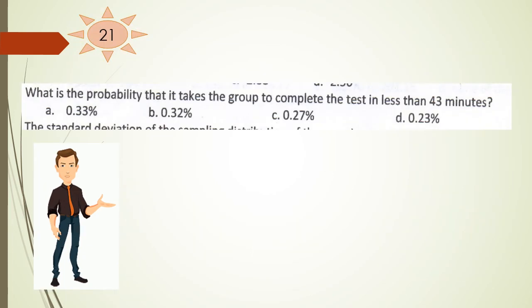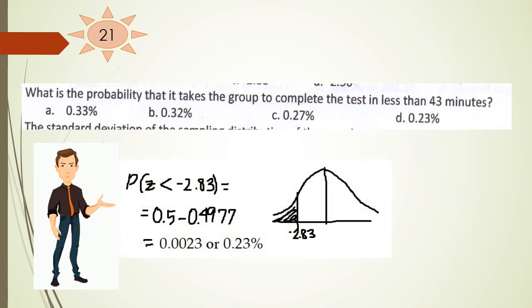Number 21. What is the probability that it takes the group to complete the test in less than 43 minutes? So that problem that we have posted in number 20. So what is the probability? So we all know that the probability is z is less than negative 2.83 because it is less than 43 minutes.